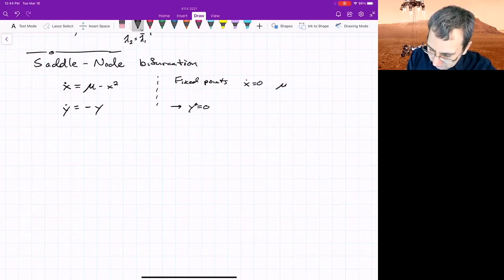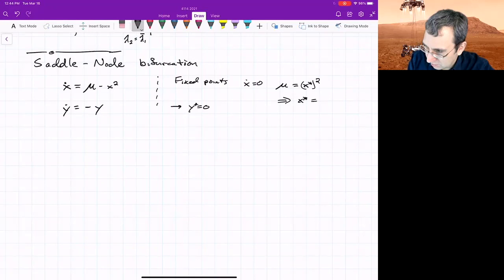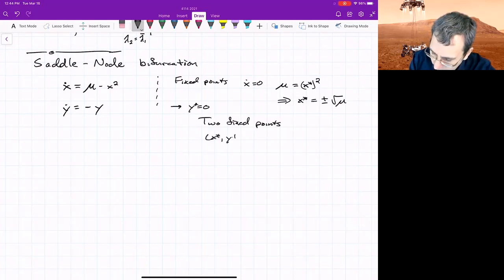That gives us mu equals x star squared. So we get x star equals plus or minus square root of mu. So we have two fixed points, x star, y star equals positive square root of mu, 0 and negative square root of mu, 0.